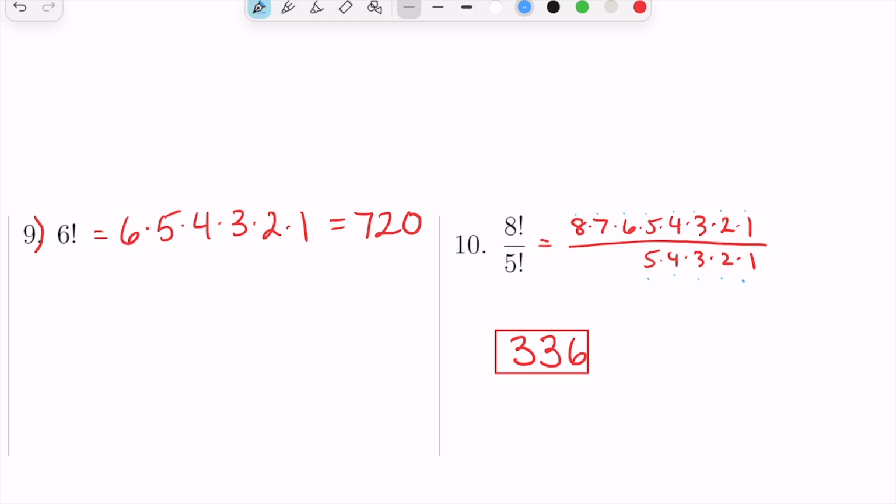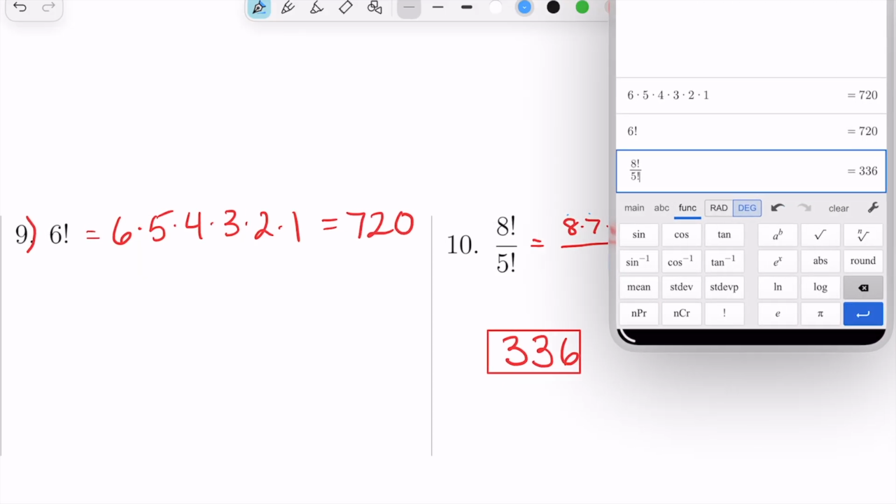No, these reduce out, because factors in the numerator are all being multiplied, and factors in the denominator are all being divided. So 5 divided by 5, some people say cancel out, but those will divide out from each other to just 1. 4 divides by 4, 3 divides by 3, 2 and 2 and 1 and 1. And so really, this just comes out to be 8 times 7 times 6.